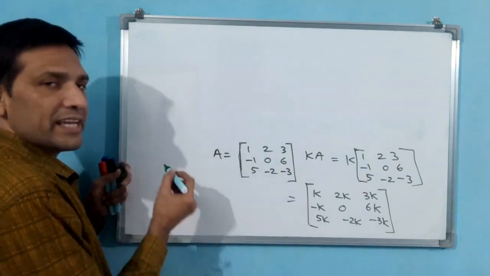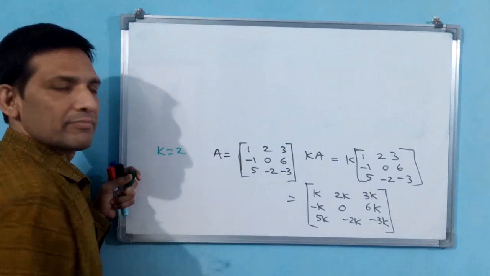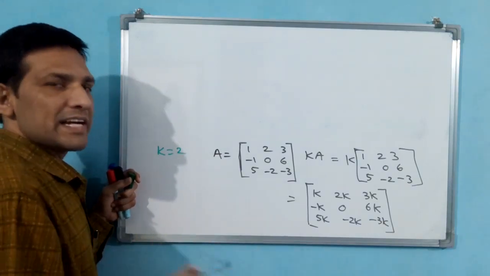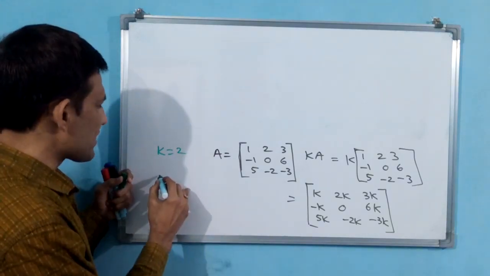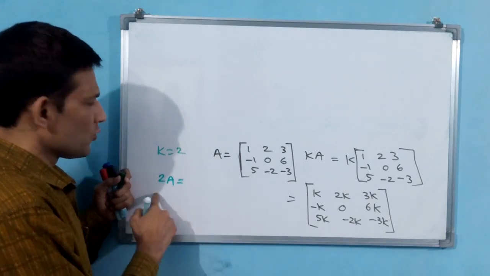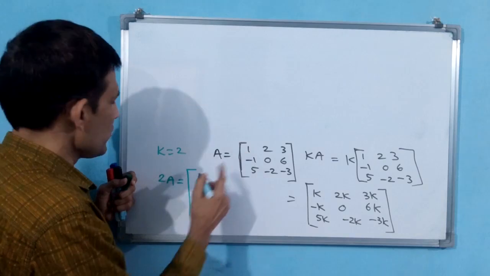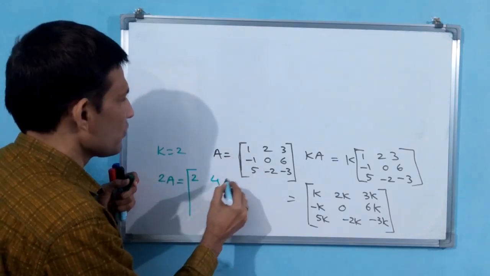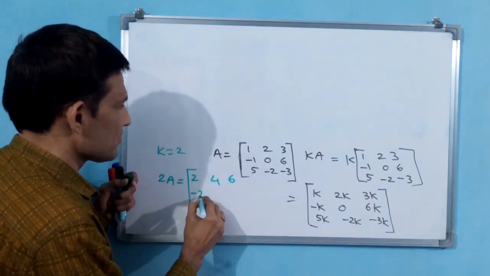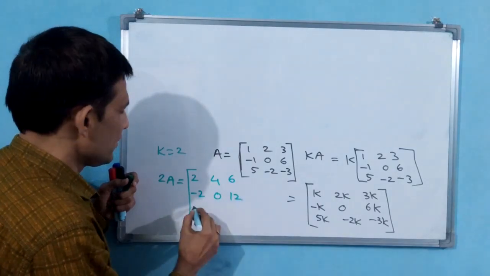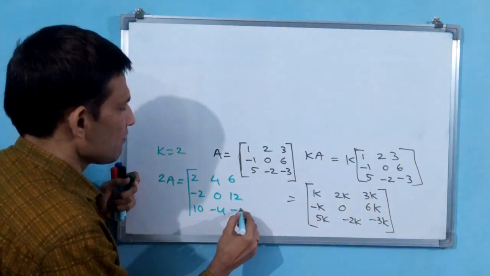Is it okay for matrix? Let us say k is 2, for understanding's sake. Then what will be 2A? 2A means kA. Then what will you write? 2 into 1, 2. 2 into 2, 4. 2 into 3, 6. Minus 2, 0, 12, 10, minus 4, minus 6.